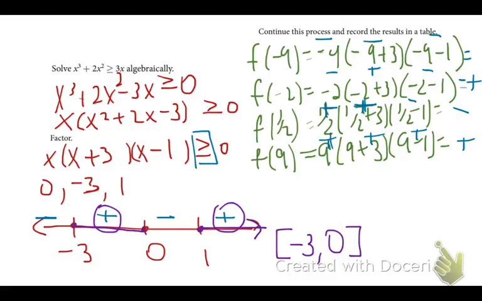So we have to split them up when we write them down, so we'll use a U for union, or 'and'. Then we would use 1, which is also included, to positive infinity. Is infinity a bracket or a parenthesis? Parenthesis. Okay. And this right here, your intervals, are your answer. That's your solution set.